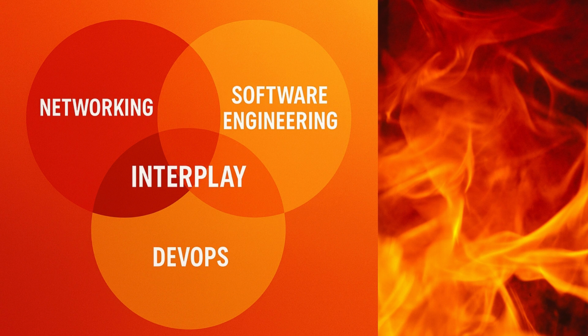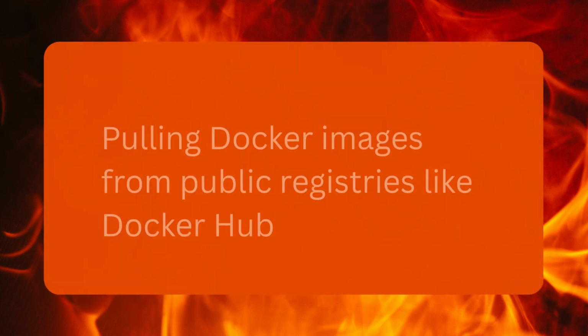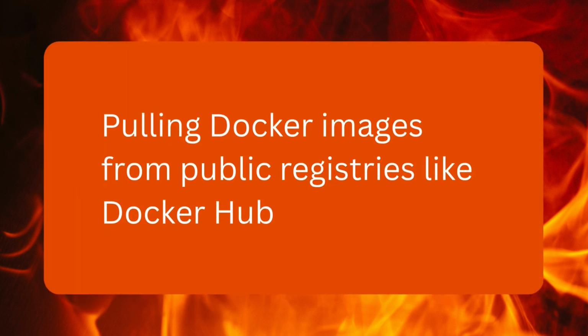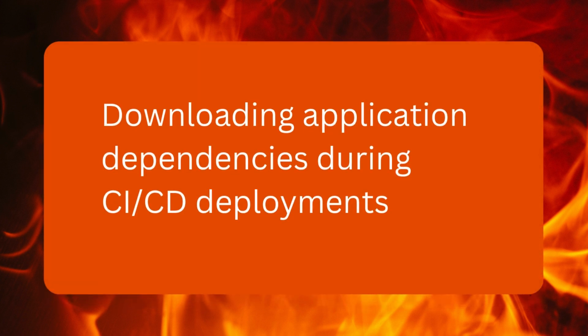To help make things a little more clear, here are just a few common networking, software engineering, and DevOps tasks that you could not do without a NAT gateway. You could not install security updates or OS patches via a package manager like yum, apt, or pip. You could not pull Docker images from public registries like Docker Hub. You could not download application dependencies during CI/CD deployments.